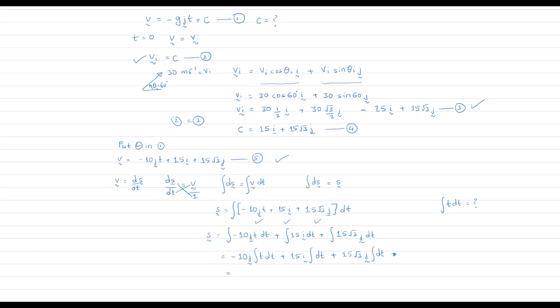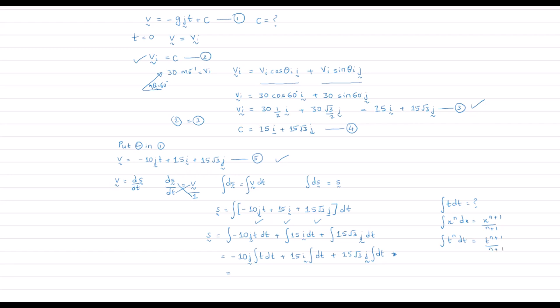This will be equal to, so we are required to find the integration of t dt. If you recollect, integration of x to the power n dx is given as x to the power n plus 1 over n plus 1 plus a constant of integration. If you apply the same logic with t to the power n dt, it will be t to the power n plus 1 over n plus 1.